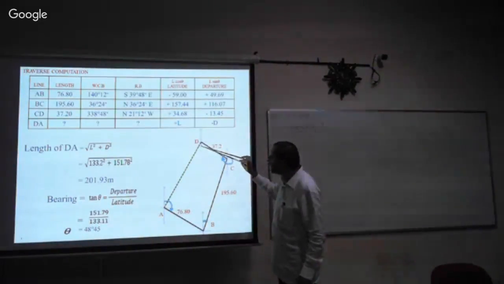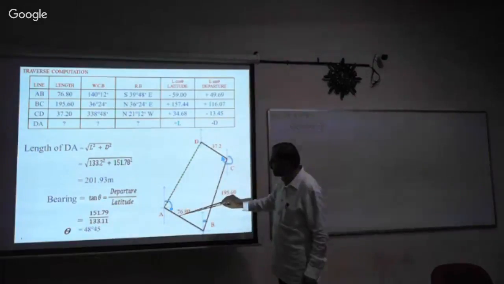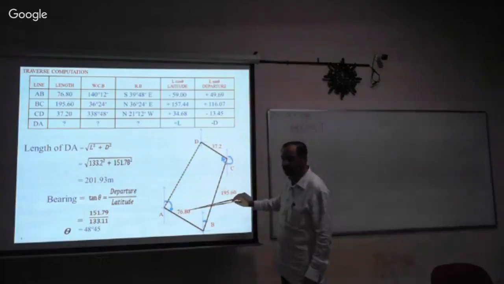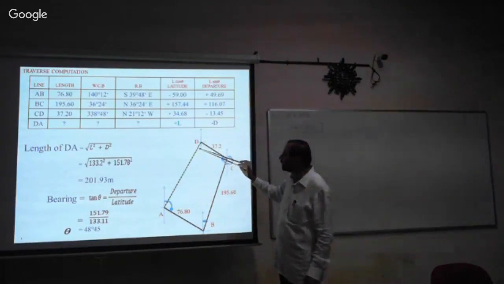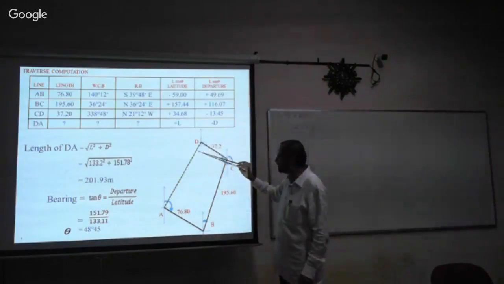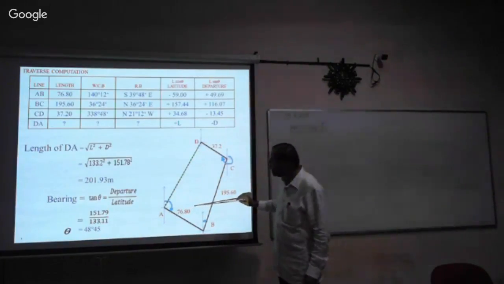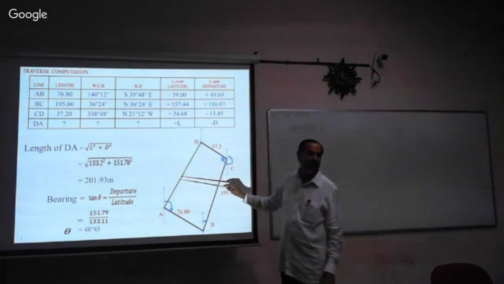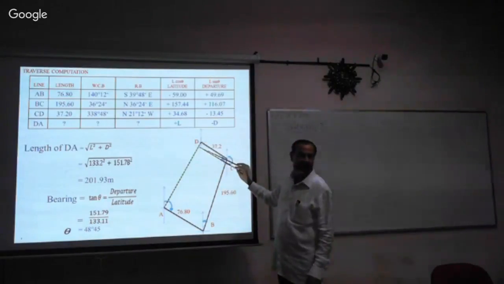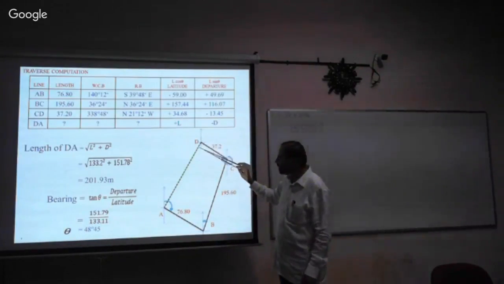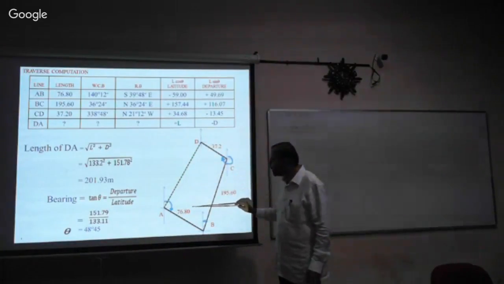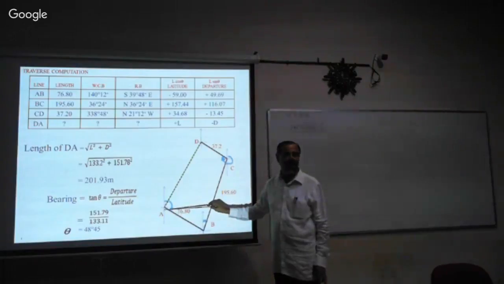If we consider this as theta, latitude is adjacent to the reduced bearing, and departure is opposite to the reduced bearing.